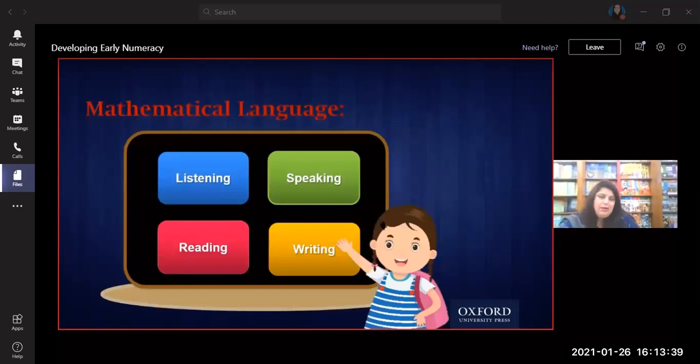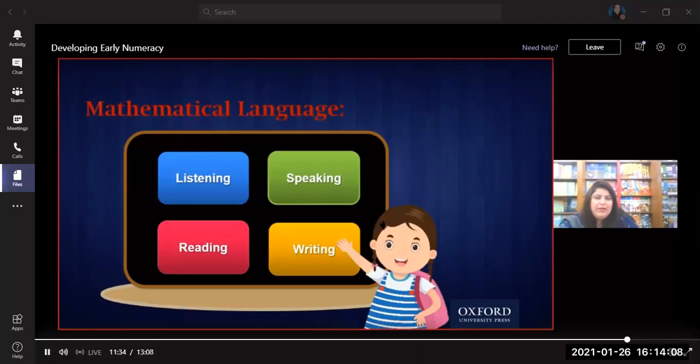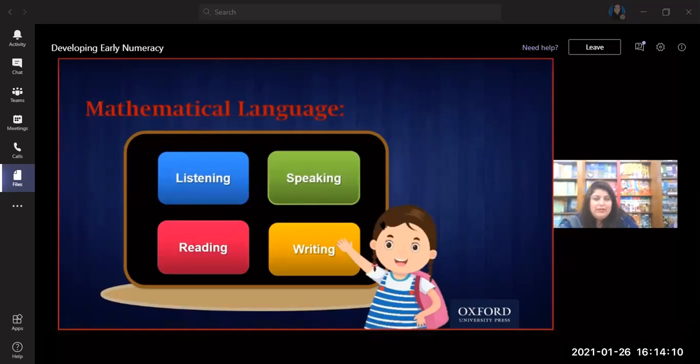Then we cannot actually ignore the importance of language. So as you can see, mathematical language plays a very important role in developing early literacy of mathematics.